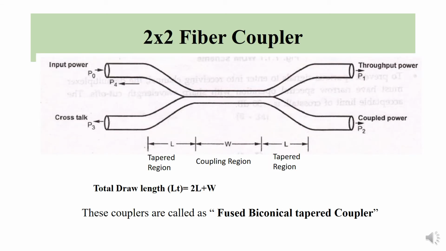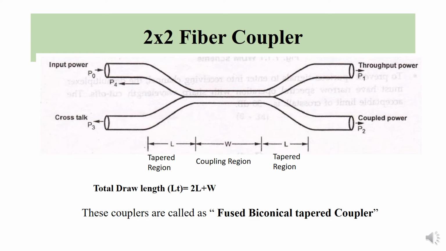2x2 fiber coupler. Optical couplers are used to split the input signal and distribute power. This device couples a part of the transmitted power by a specific factor through one port.